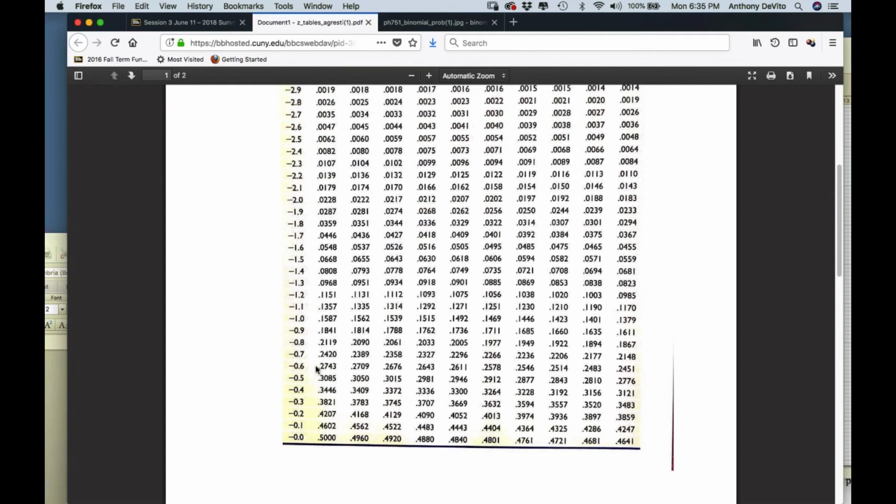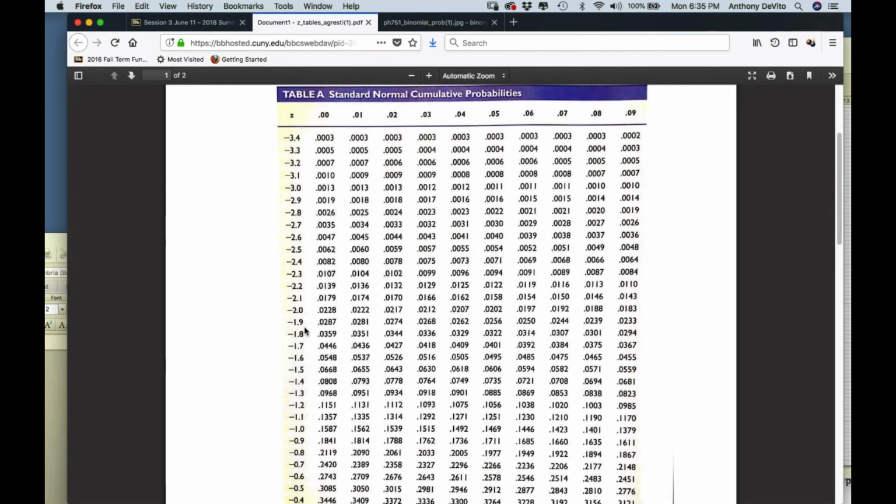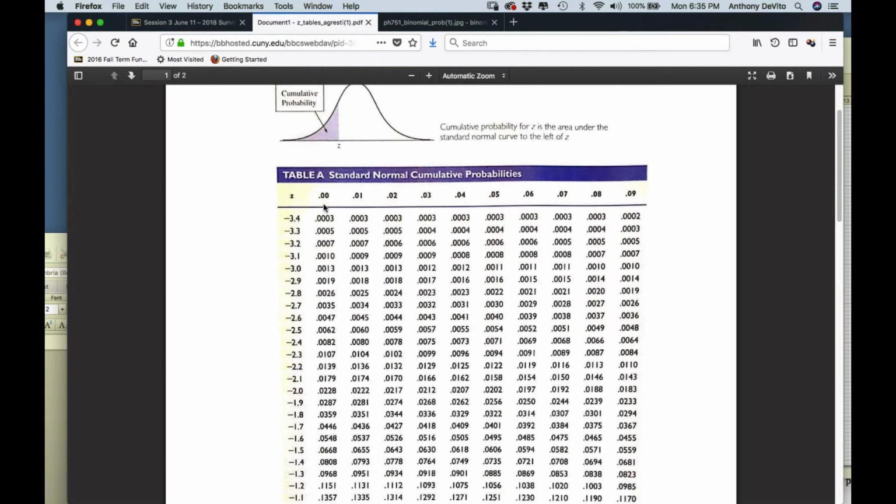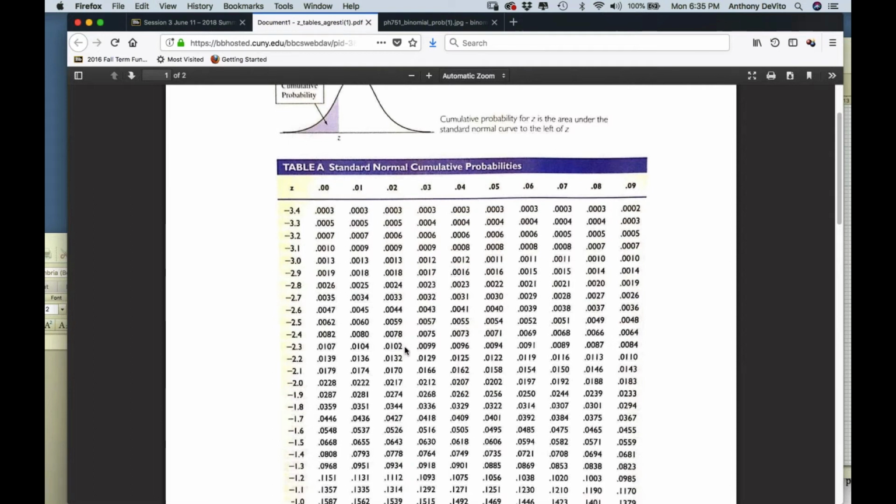If you look at the way this table is laid out, this represents the first 2 digits of the z-score. In our case, -0.5. And the second decimal place is represented by the column. So this would be 0, 0.01, 0.02, 0.03, 0.04, and so on.